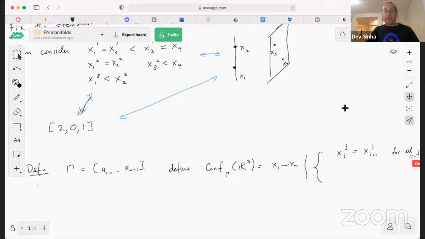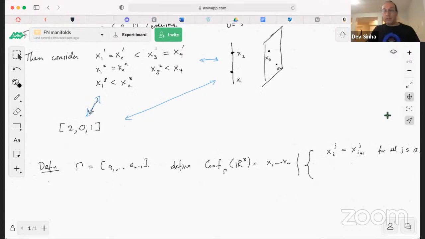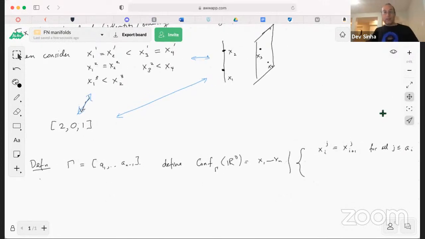So these ai's, think ai for ith agreement. Okay, so these are levels of agreement between coordinates. Again, you don't care about deeper agreements. You only care about levels of agreement starting at the first coordinate.